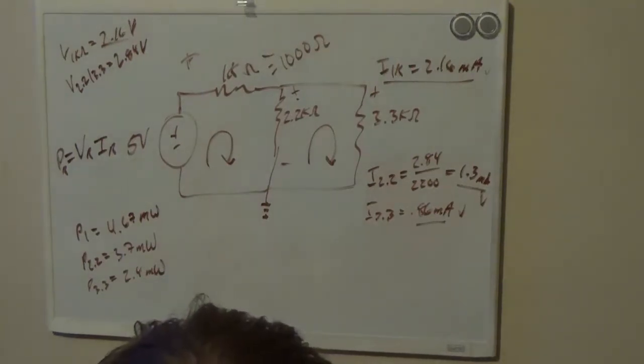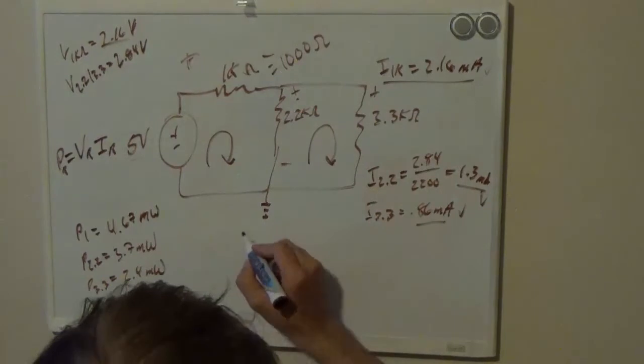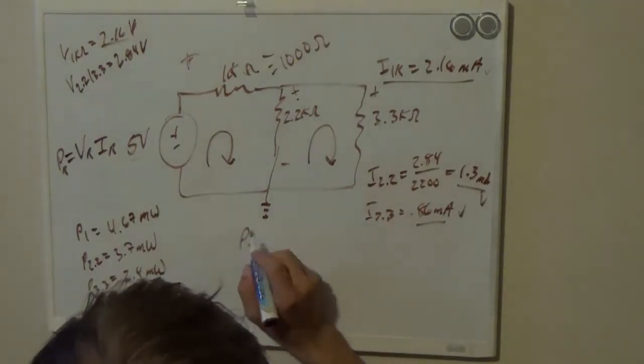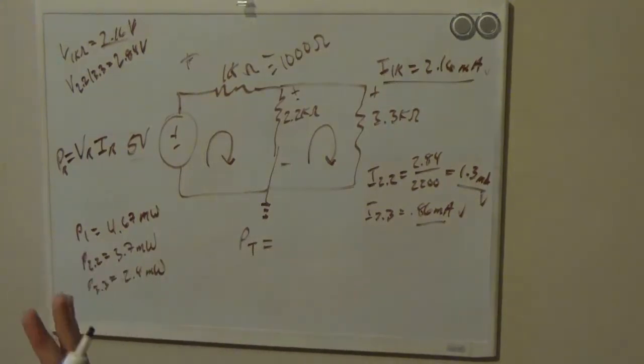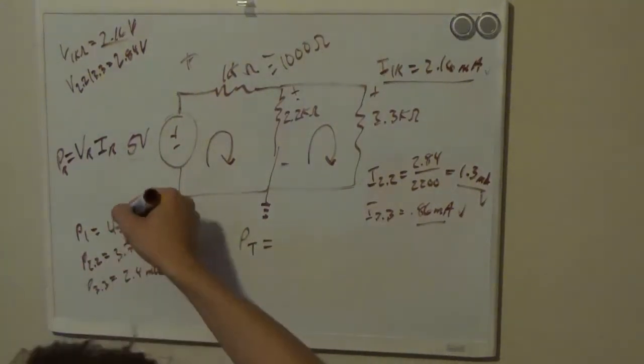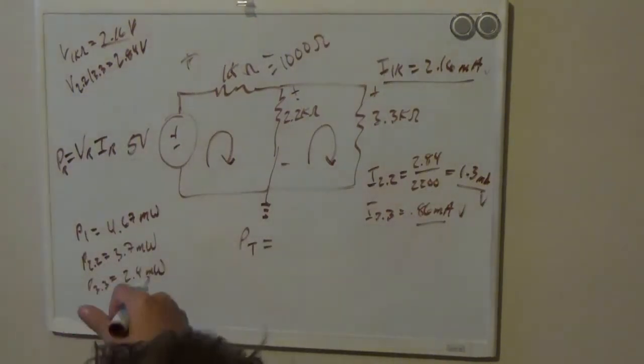There is just one thing that I'm missing at this point, and that is to calculate the total power for the circuit and make sure it matches with all of these. Like I was saying to you guys before, the total power has to be equal to whatever power you put into it. So these are the three elements that are taking up power in the circuit. They're the only three elements in the circuit that are sinking.